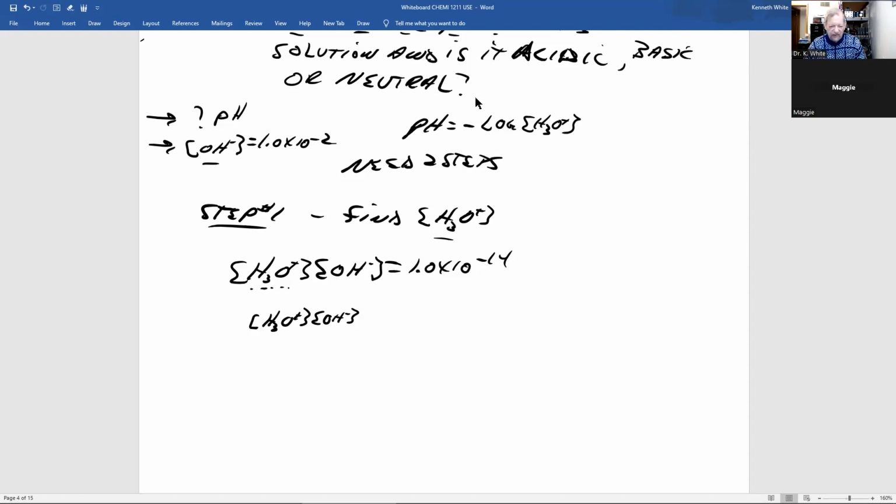The answer is you divide by OH minus to get rid of it, because anything divided by itself equals the number 1, cancels out. Whatever you do to one side, you have to do to the other.